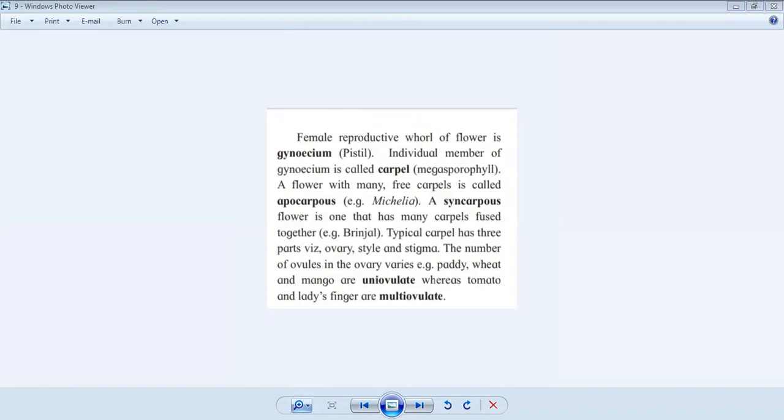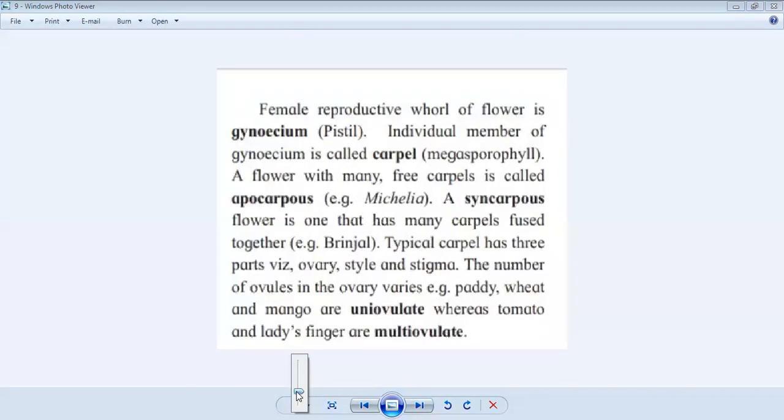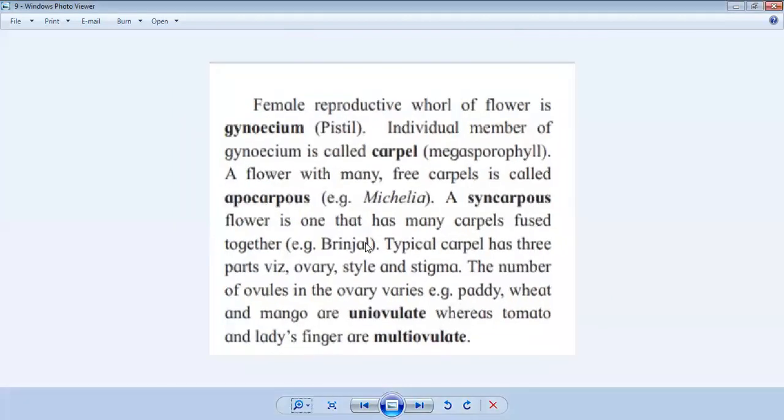Let us talk about this ovule. Regarding ovule, we see that it is related with the development of the female gametophyte and is part of the female reproductive system in plants. The female reproductive whorl of the flower is the gynoecium, which is commonly called the pistil.